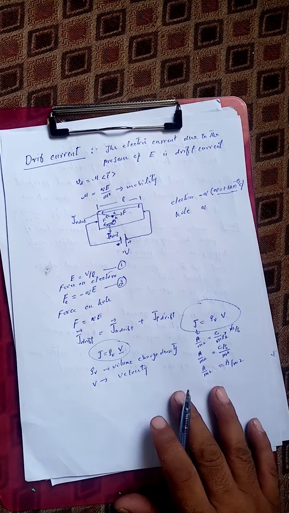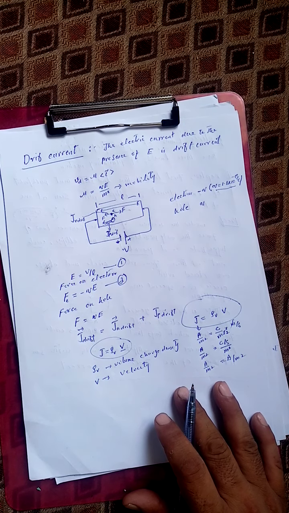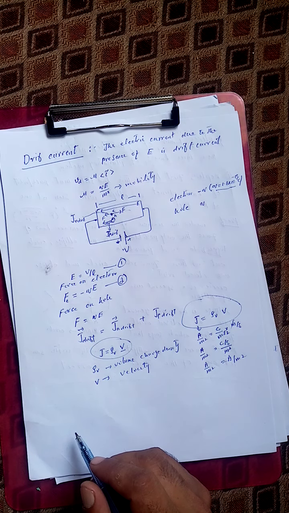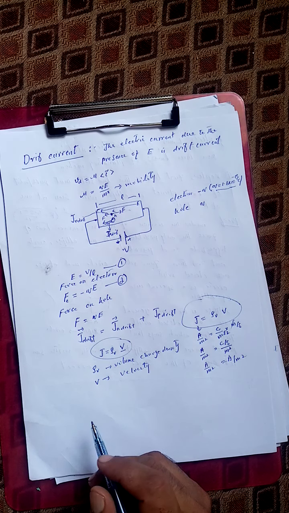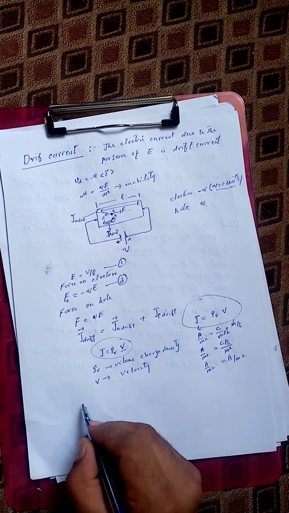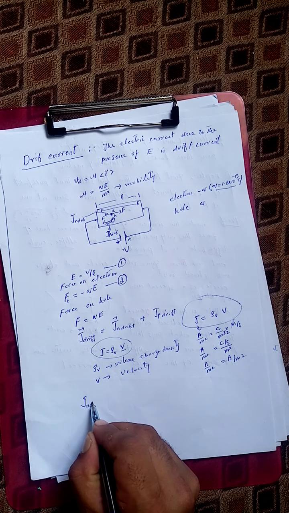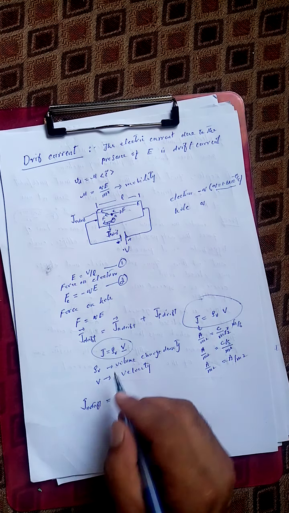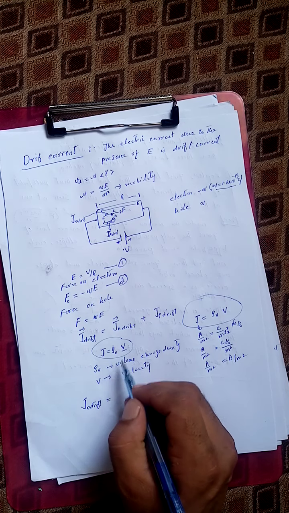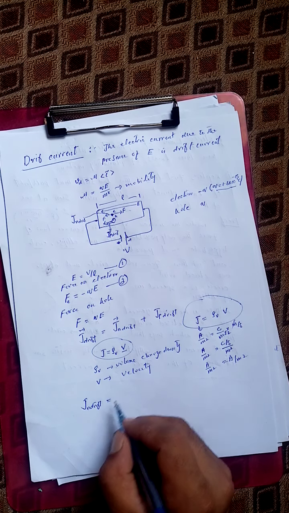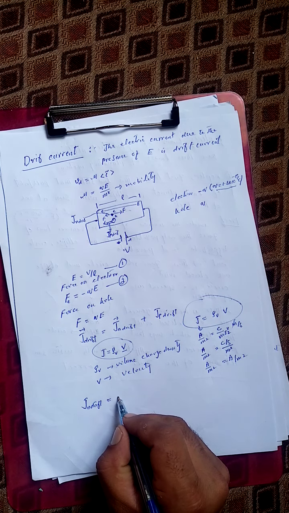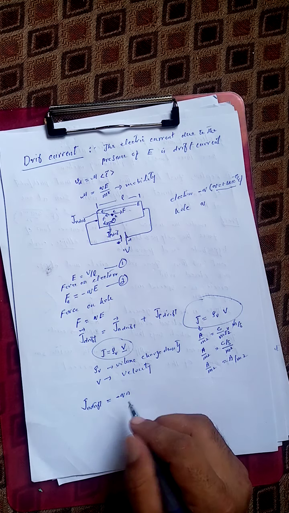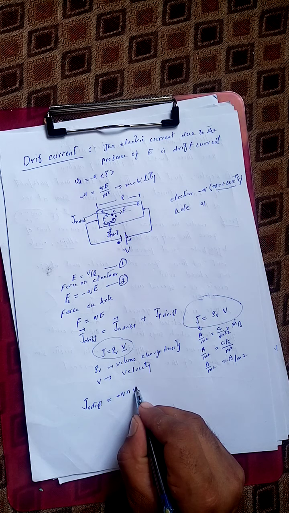Now the drift current due to electron, J_n drift, is equal to the volume charge density, which is minus q times n, times the velocity, which is v drift.